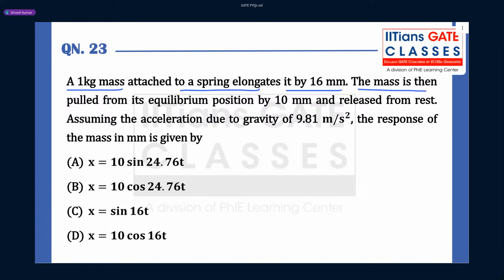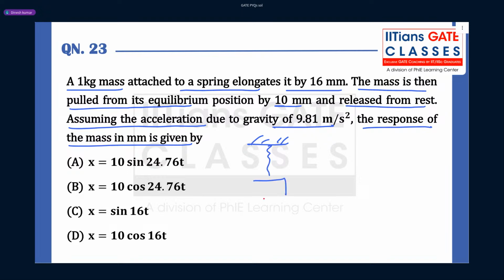The mass is then pulled from its equilibrium position by 10 mm and released from rest. Assuming the acceleration due to gravity is given, the response of the mass in mm is given by. So guys, this is like a simple spring mass system. So it's a case of what?